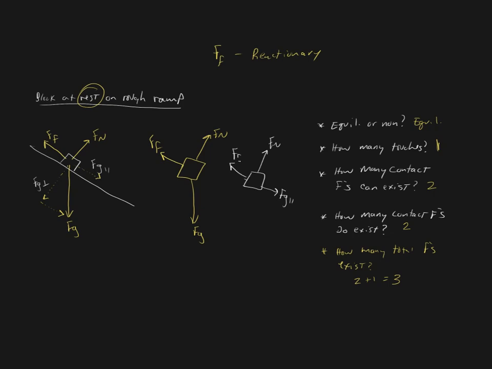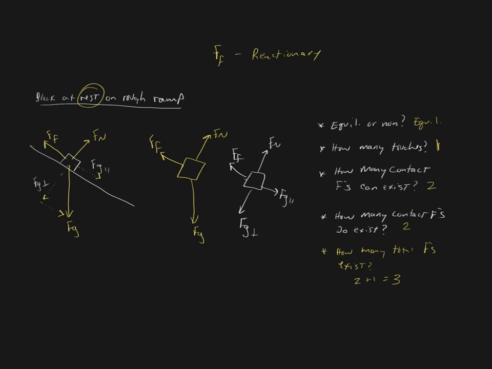Force of friction, and then FG perpendicular. If you did that, then this would be incorrect. This is not a free body diagram. Okay, so we'll talk about these more later, but you don't want to be doing these in the space designated for free body diagrams.